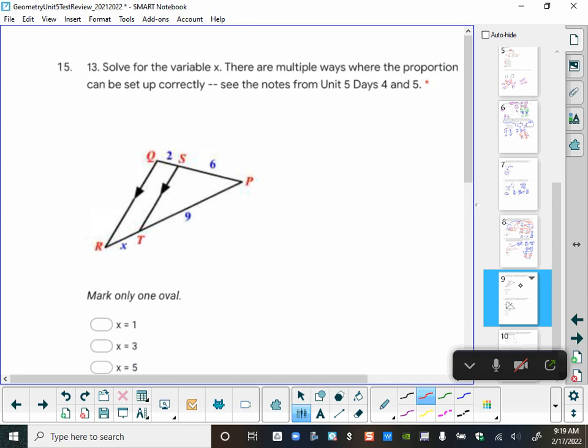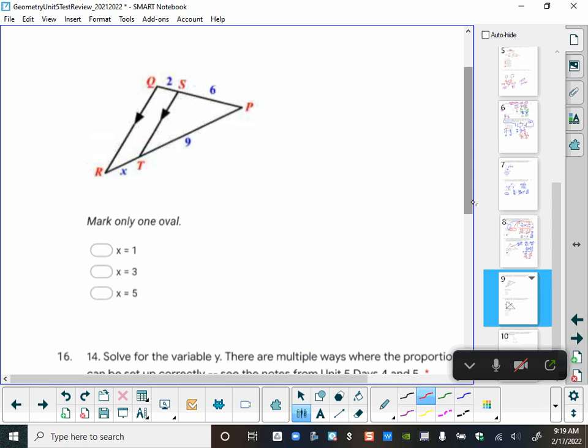Think about just stack and go. This is really a stack and go problem because in this type of problem, we have two parallel lines. Who thinks they have an idea on how we could set up this proportion? 2 over x and 6 over 9.